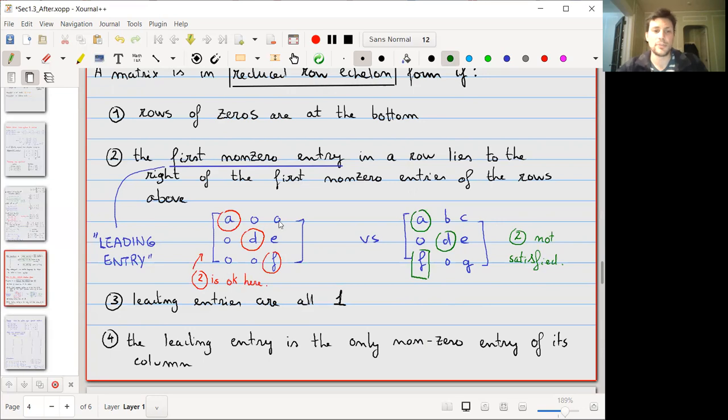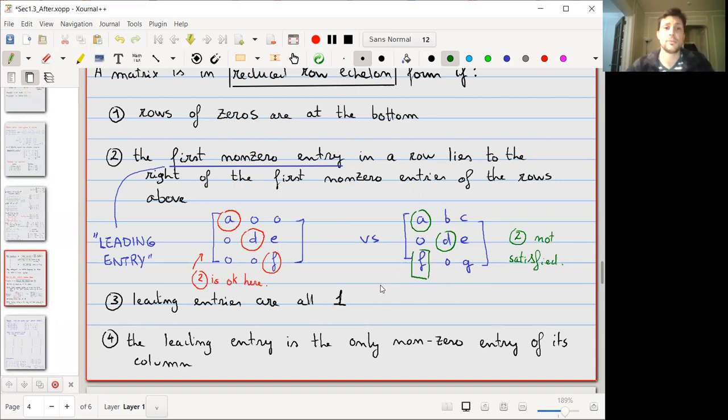So this first matrix is potentially in reduced row echelon form if it satisfies all the other points. This one for sure is not, because it doesn't satisfy the requirement that its leading entries are all to the right of the preceding ones.